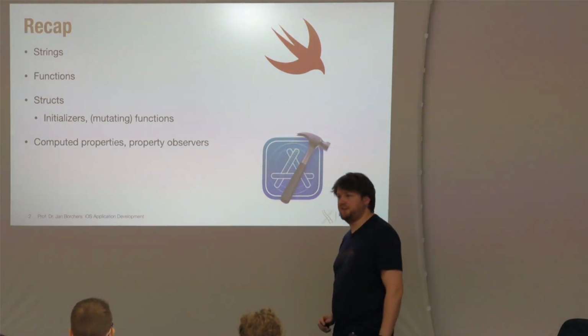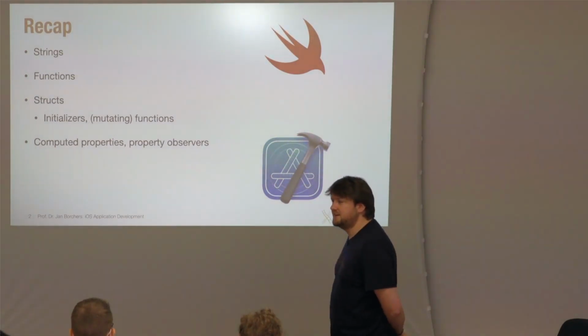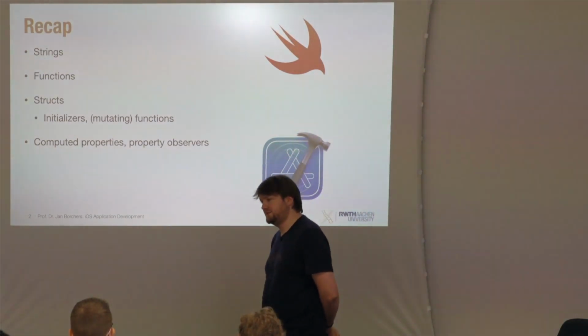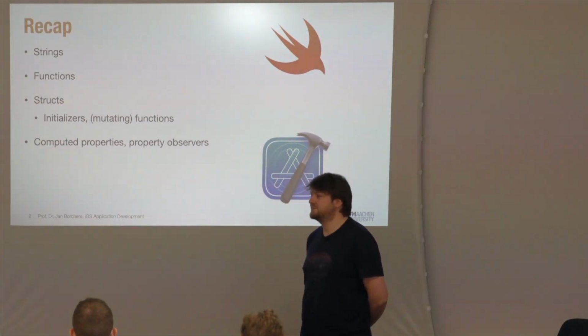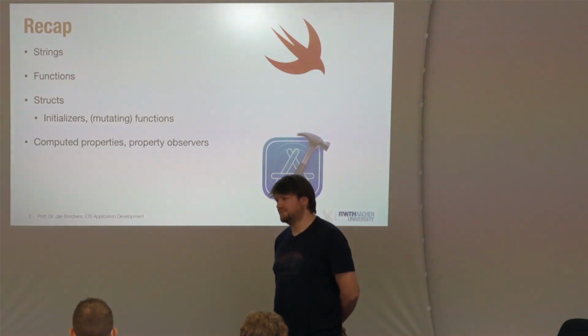Property observers. Yes? We have methods which, when we write to the property, we have before and after, so we can do things before the property is actually set and after the property is actually set. Yes.